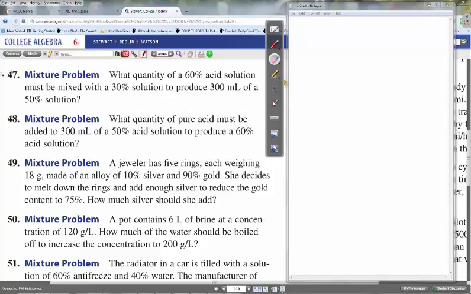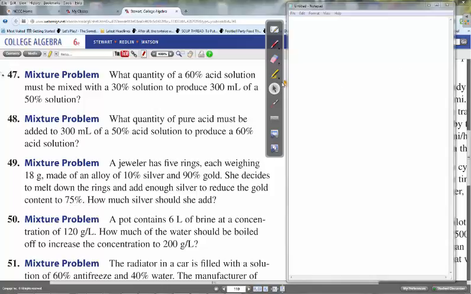And I'll just point out here, don't be confused on 49. This is the same problem. They only care about the concentration of gold in this one. They want to add a 90% gold mixture with just silver, so a 0% gold mixture, to get the gold down to 75%.